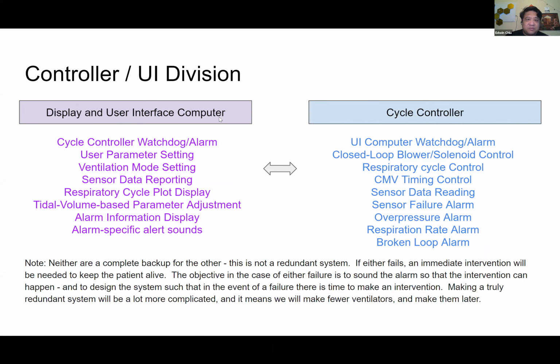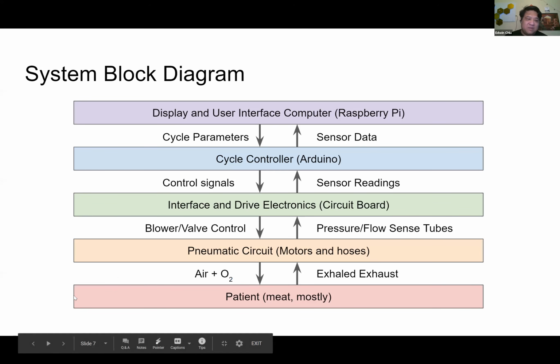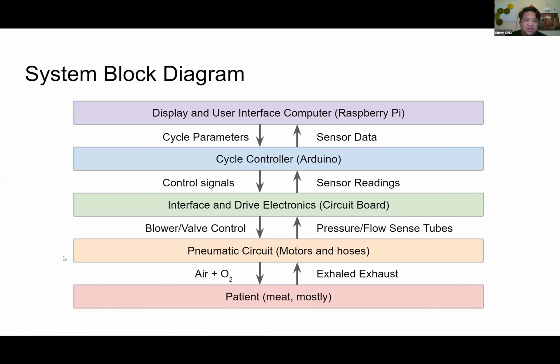As mentioned before in the diagram, and also one more thing in the system block diagram, a way to think about this is the time scales of each of these. Generally, we have an increasing time scale as we go up the chain. The patient is immediate, this is physics, it happens immediately. The pneumatic circuit has some delay in responding to that. The electronics then operate on top of that.